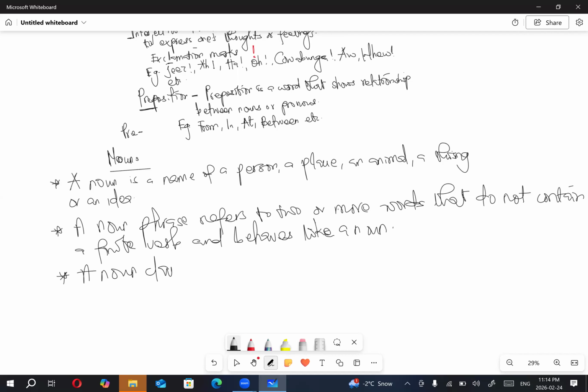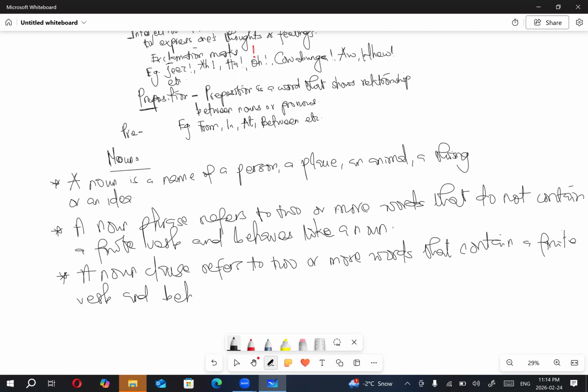Now, the next one, a noun clause refers to two or more words that contain a finite verb and behaves like a noun.